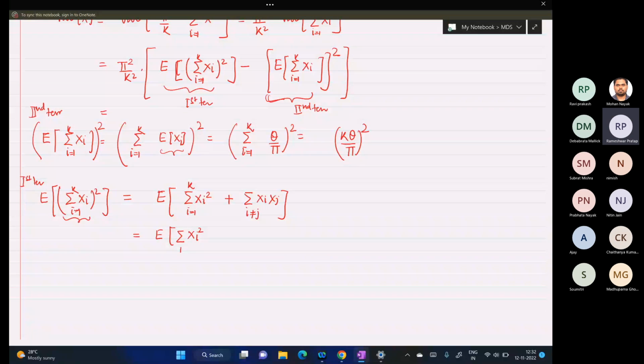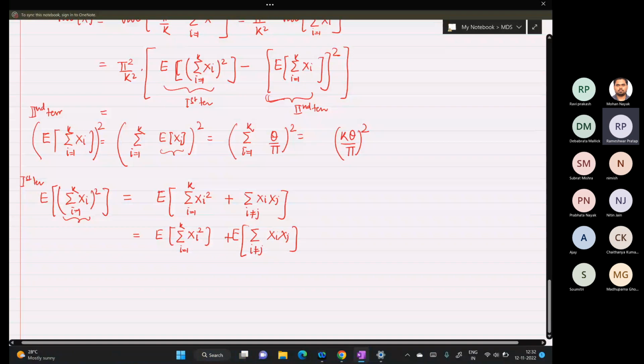i from 1 to k, and so is this part clear? So now what is the value of xi square, given that xi is an indicator random variable?